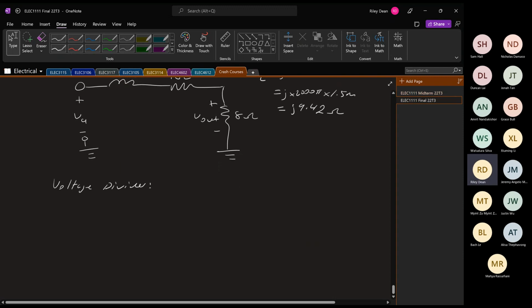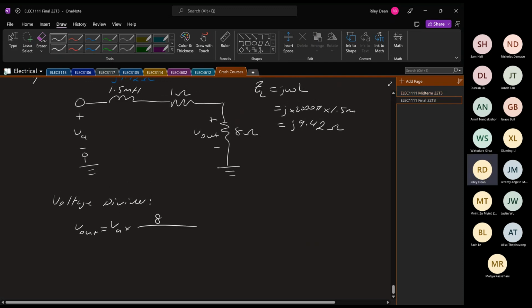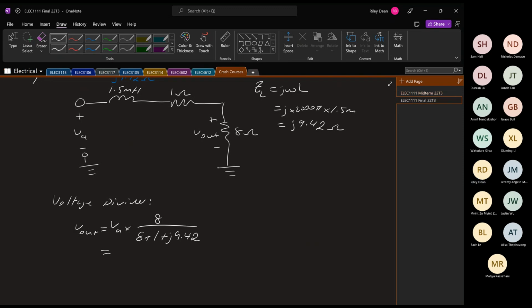And now we'll get to our voltage divider. V out is VA times the resistance we're after, which is our 8 ohm, over the total resistance, which is 8 plus 1 plus j9.42.